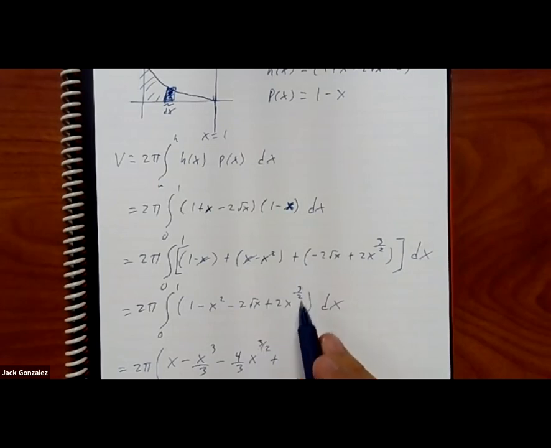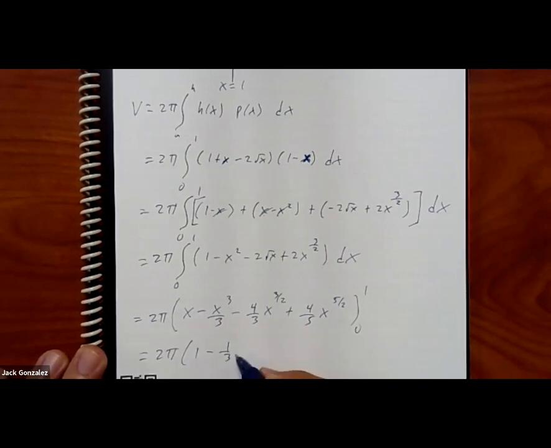Plus 1 is 5 halves. 4 fifths x to the 5 halves. So the answer will be 2 pi times 1 minus a third minus 4 thirds plus 4 fifths.